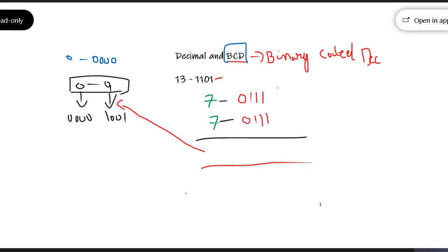Now 7 plus 7 is nothing but 14. So I'll add these now.